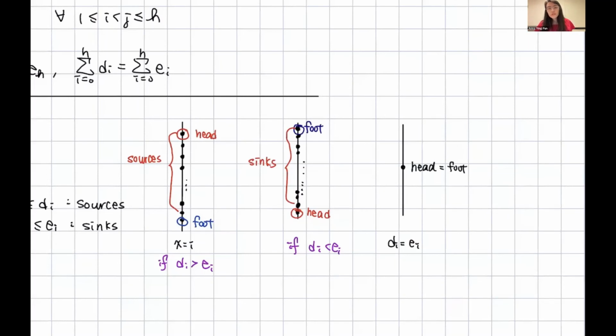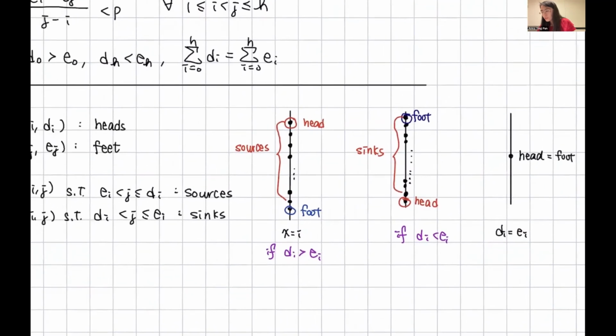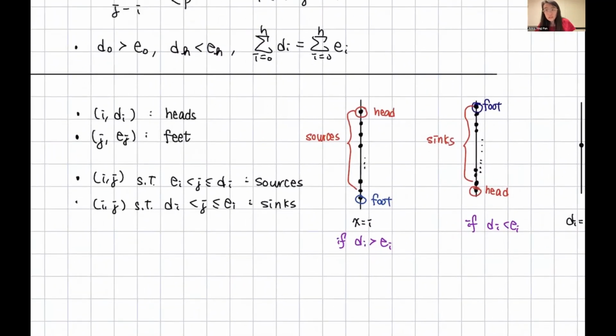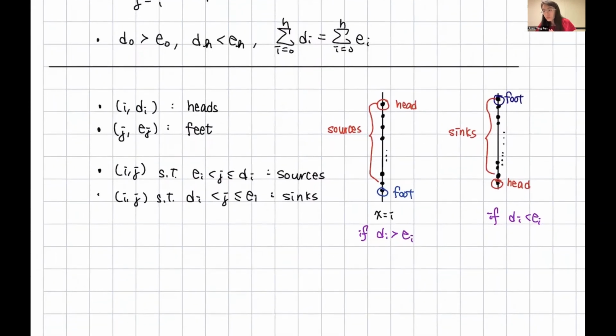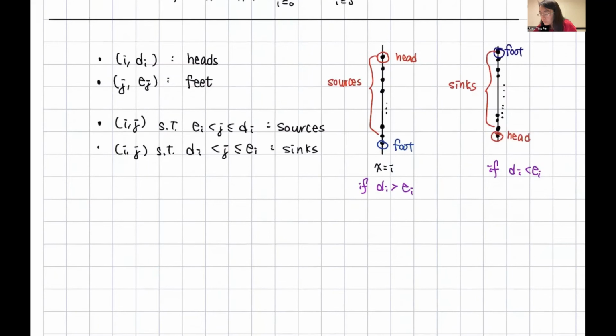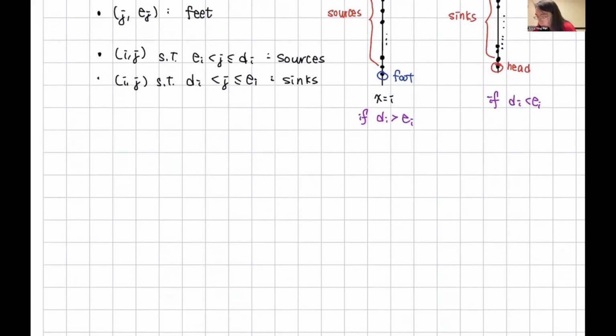So that's what we call sources and sinks. If you compare it to our video last week talking about the Lou Warrington source and sink, you realize that in our Warrington part, we only have one source and one sink, right? But in general, you can create more sources and sinks depending on what your Di and Ei are. And the main theorem that we talked about last time includes some G. So what are the G's here?